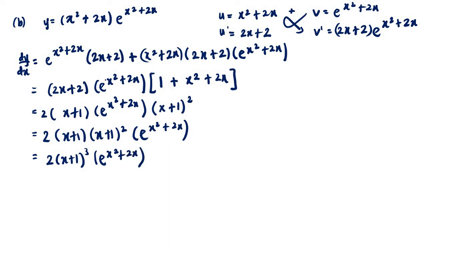Okay, so dekat sini we factor out one by one term. Kita tengok balik. So saya factorkan, we have the same term 2x plus 2, so that is the one in front here. And then we can also factor out this e^(x squared plus 2x), so ni yang kita ada dekat second term. Okay, so yang lain lepas tu kita just factorkan lah term by term. Right, so that is it for this question.